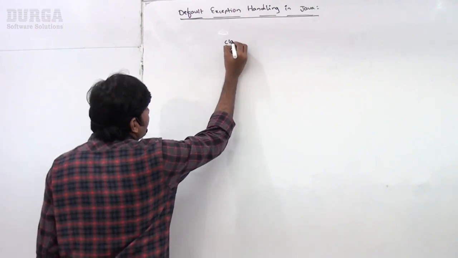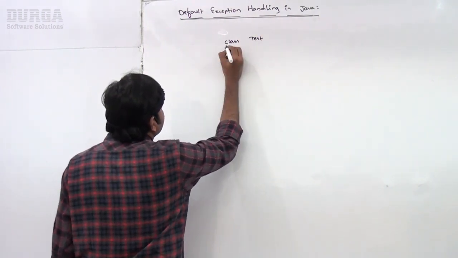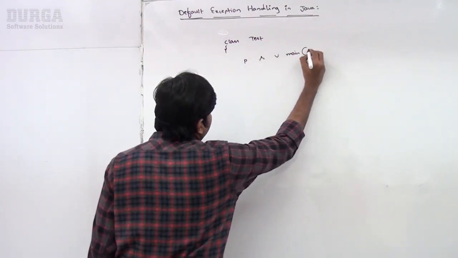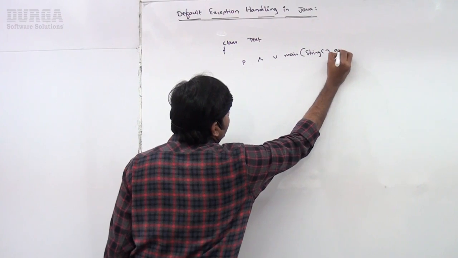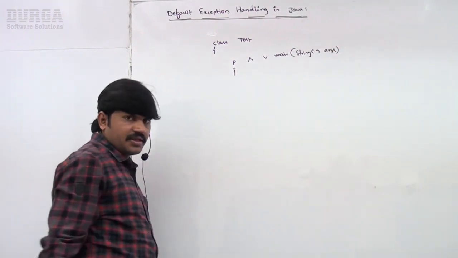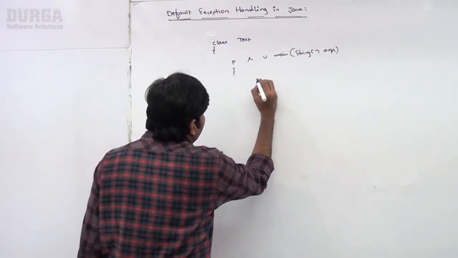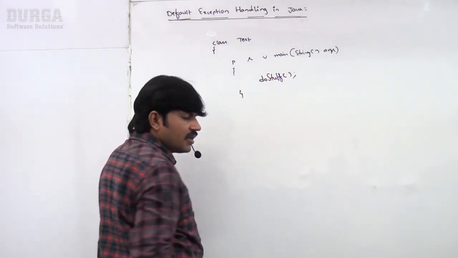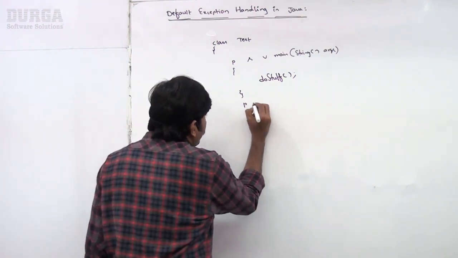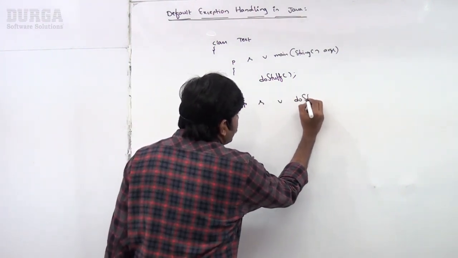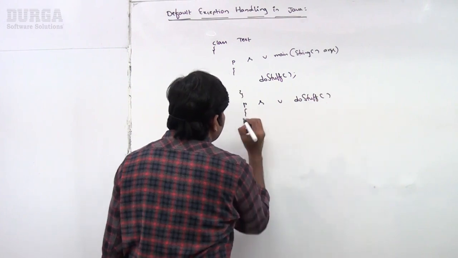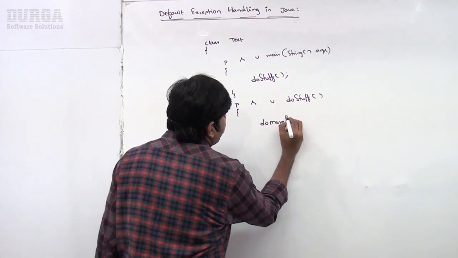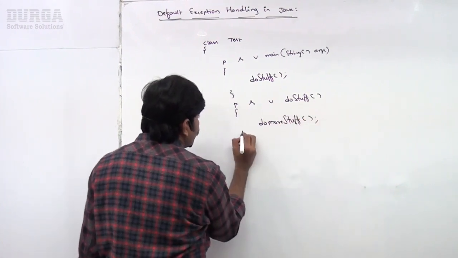Observe, I have class Test, with public static void main, String array args. The main method is calling the doStuff method. Now public static void doStuff internally calls doMoreStuff.